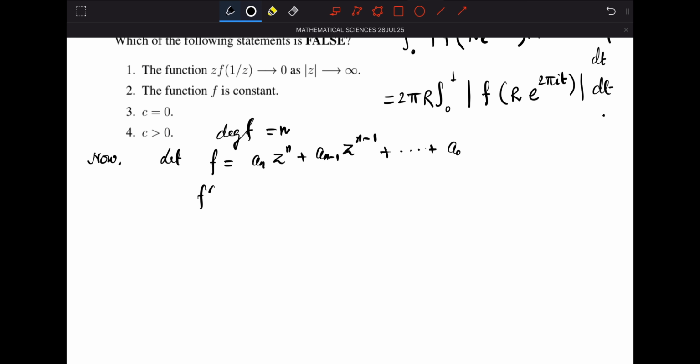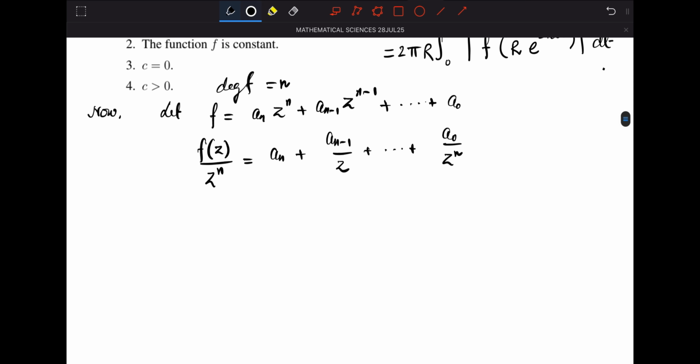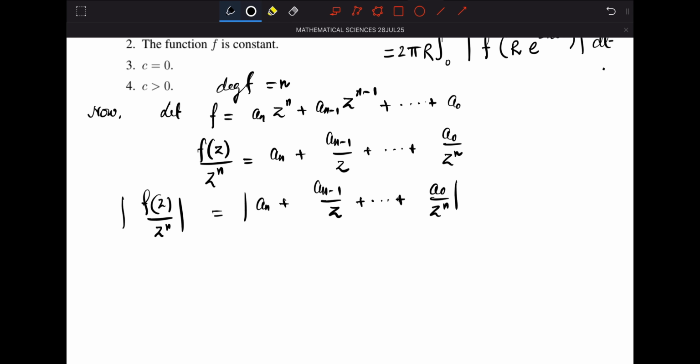So then f of z by z to the power n equals a_n plus a_{n-1} by z dot dot dot a_0 by z to the power n. So mod of f(z) by z^n equals mod of a_n plus a_{n-1} by z dot dot dot a_0 by z^n.